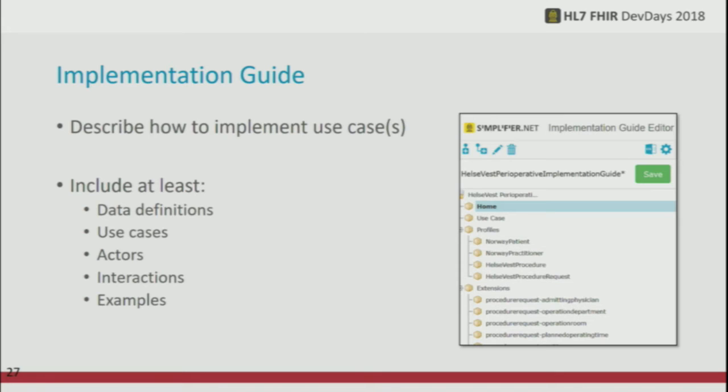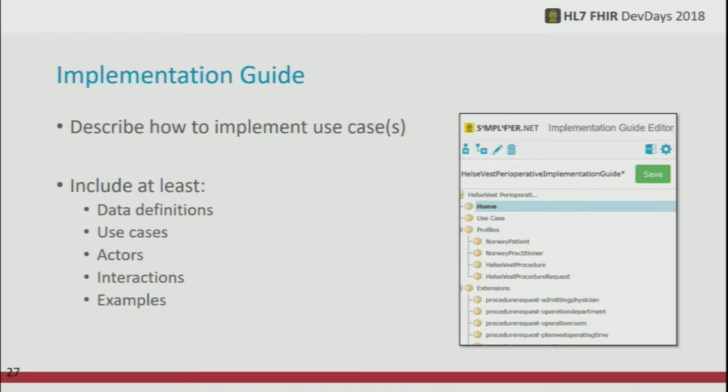Write an implementation guide. Profiles itself are not enough. They have to have manual text where people know how to interpret your profiles. Include at least a section about data definitions where you render all your profiles. Include a section about use cases. If you have any, US Core or NL Core would not have any specific use cases, but write something about audience and what it's used for.